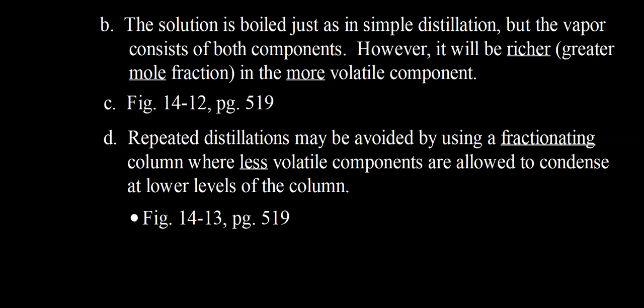Each time you do this, the vapor will be richer and richer in the more volatile component. Eventually, you get to a point where the vapor consists of just that more volatile component, and you have now separated that mixture. So fractioning columns can be used as well. You can read about those in figure 14.13 if you like.